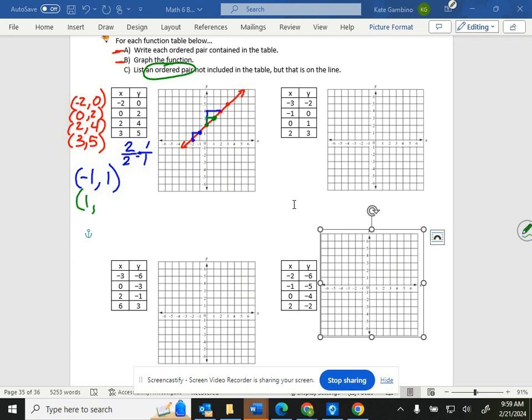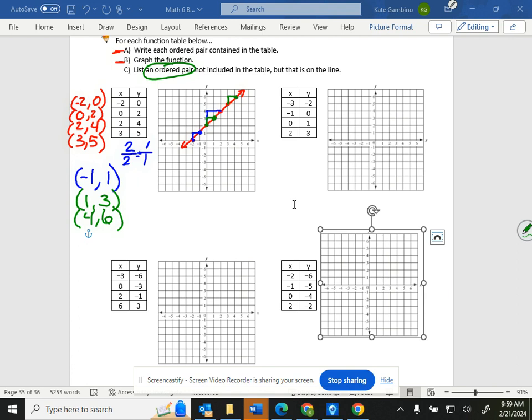We could do 1, 3 is another ordered pair that's on the line. Absolutely. I could go to this ordered pair and go up 1 over 1. There's another one. So that would be 4, 6. You only have to do 1, but that's how we do it.